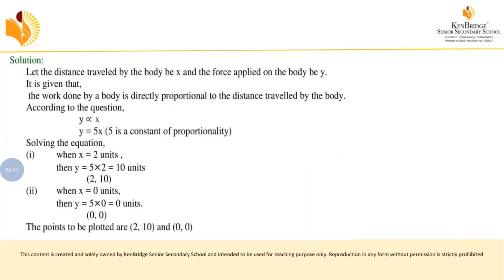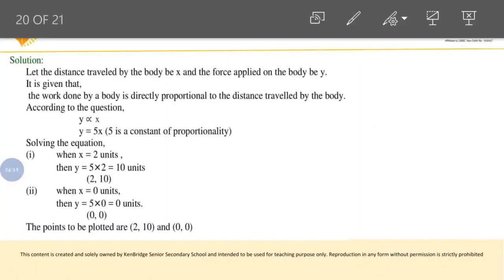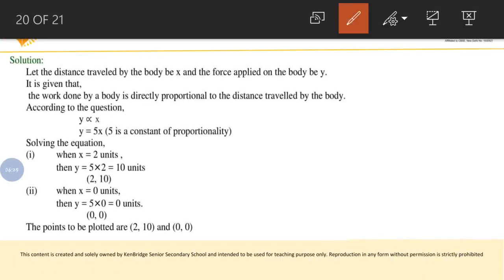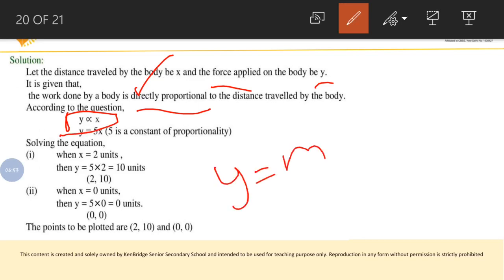So the solution is, let the distance traveled by the body be taken as x and the force be taken as y. So this statement can be written as y is directly proportional to x. How will we write y directly proportional to x? We will write it as y is equal to mx.